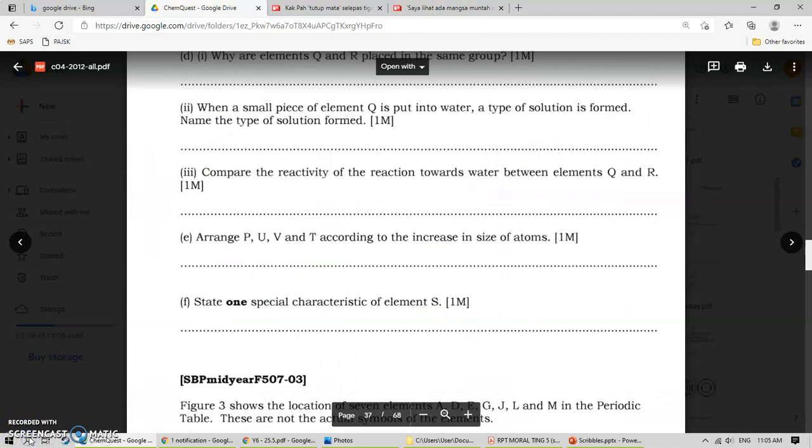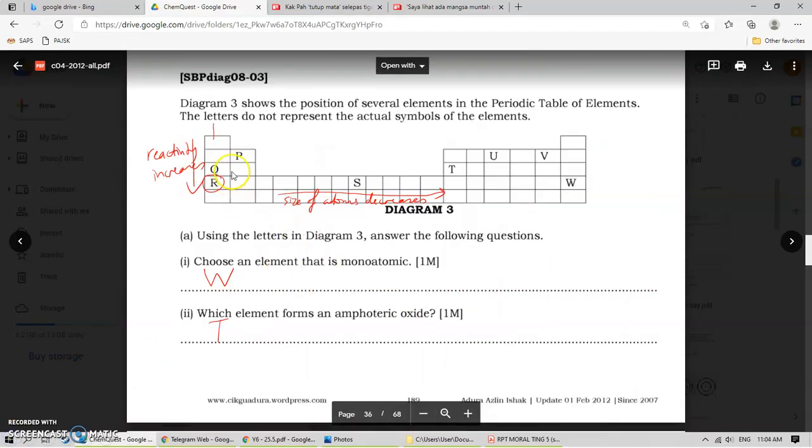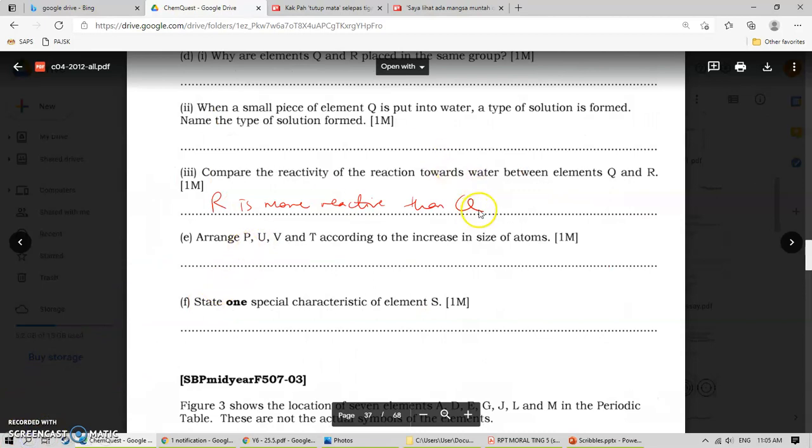When you compare, you say which one is more reactive. R is more reactive than Q because R is below Q in group 1. That's how you compare. If I ask you to compare the height of your friend, you will say, I'm taller than my friend. In this case, R is more reactive than Q.